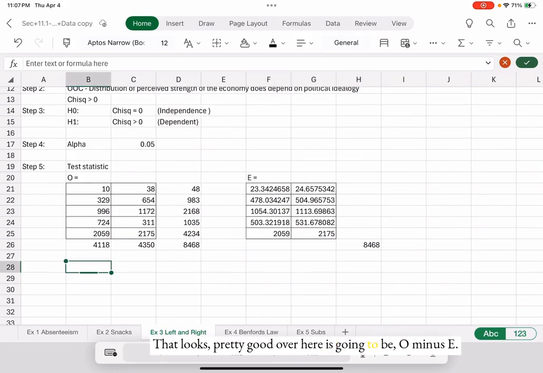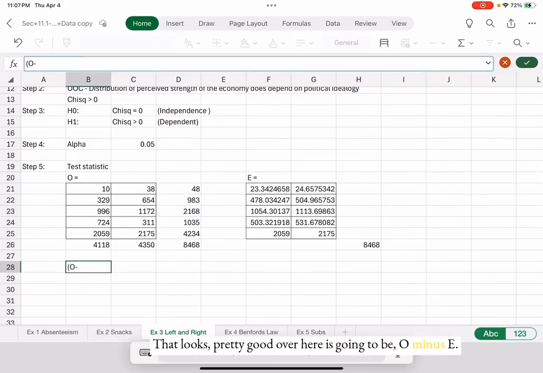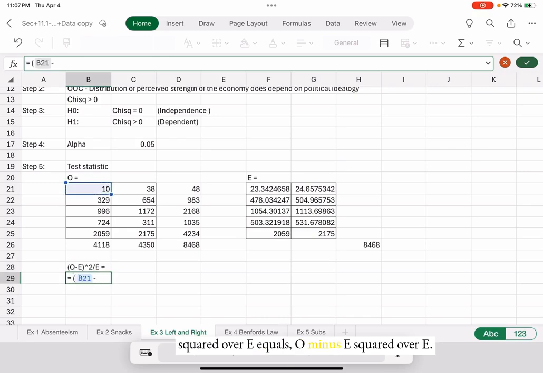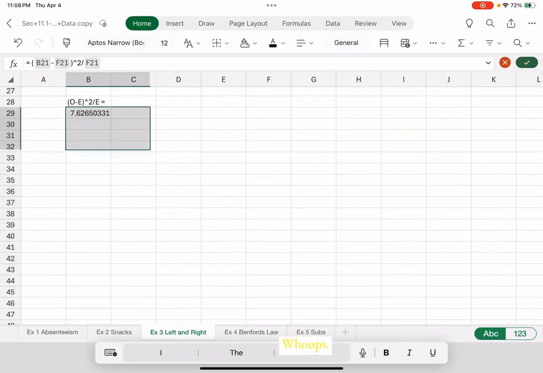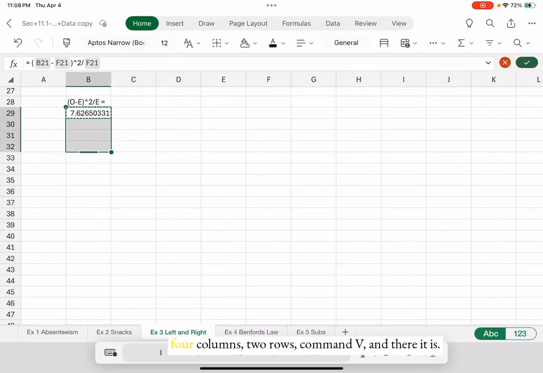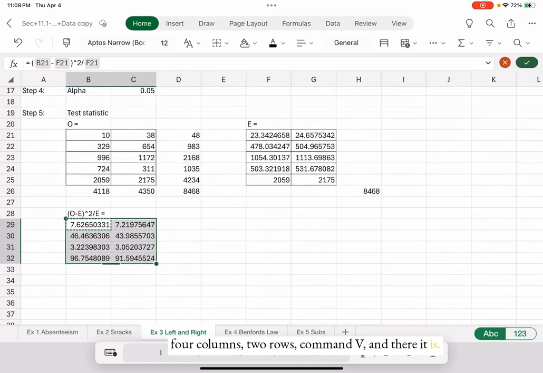Over here is going to be O minus E squared over E. Enter. Populate. Whoops. Command C. 4 columns, 2 rows. Command V. And there it is. So that's all those differences.